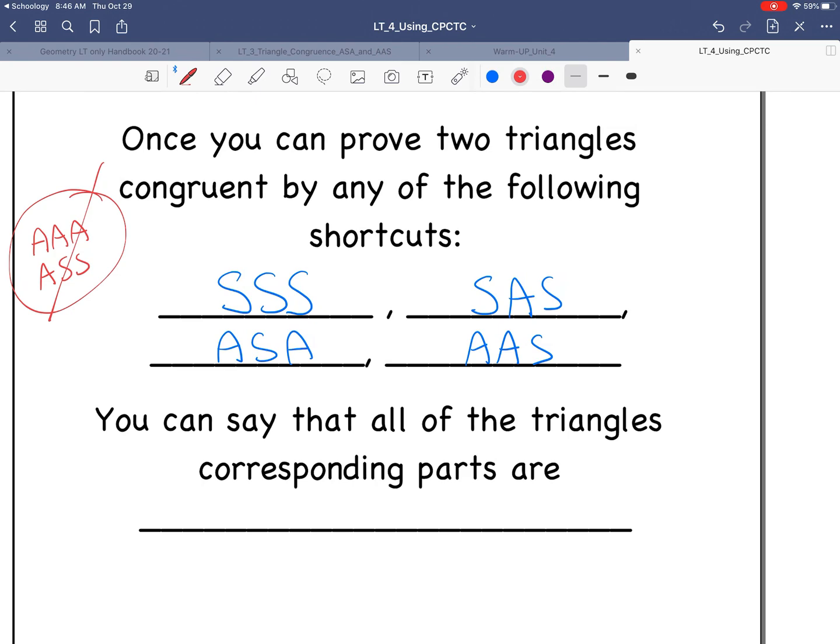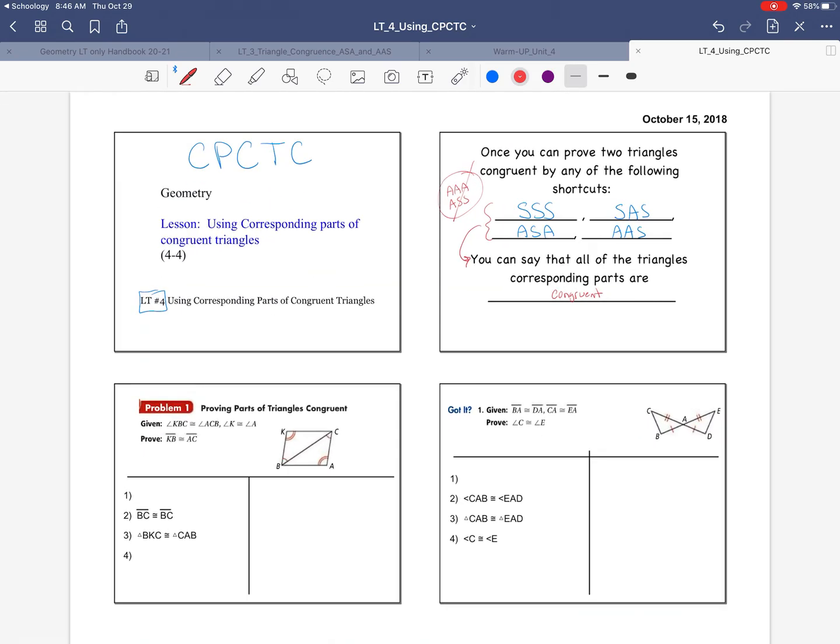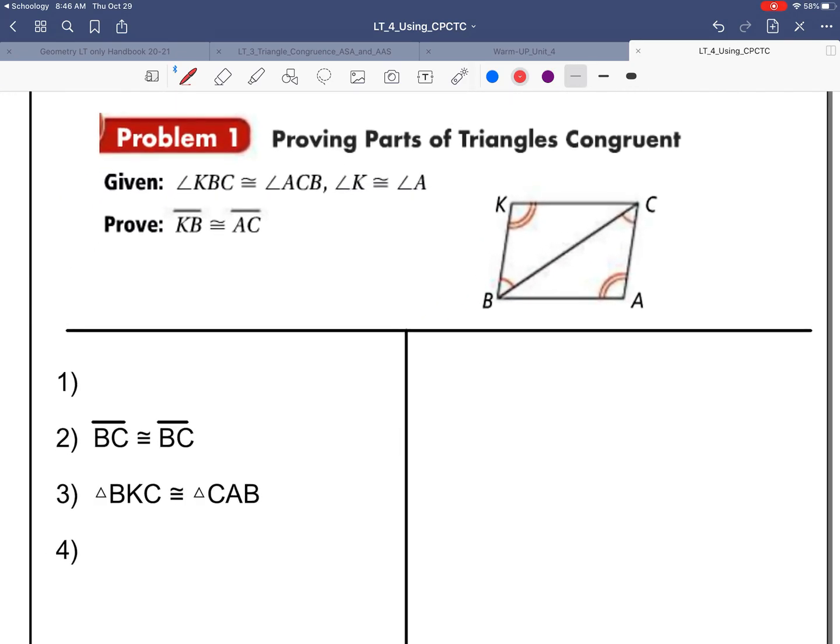So I know those don't work. Once you've established this, then we can say that all of their corresponding parts are congruent. So, very convenient. Once you prove two triangles congruent, then their corresponding parts are congruent.